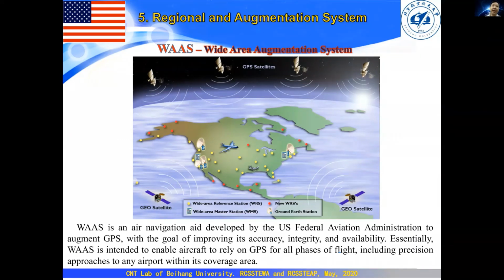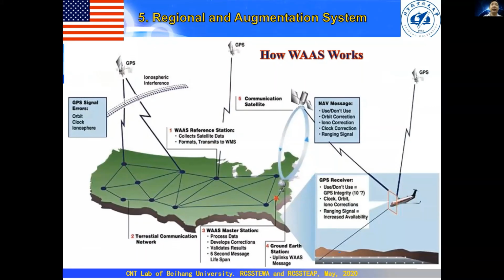It is set mainly to enable aircraft to rely on GPS for all phases of flight, including precision approaches to any airports, even without coverage area. So WAAS just sends some information to eliminate the errors in GPS.